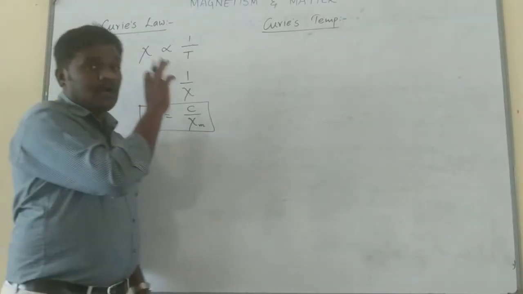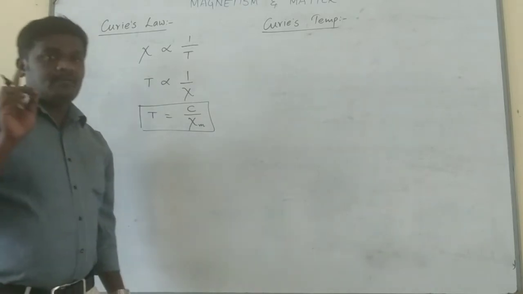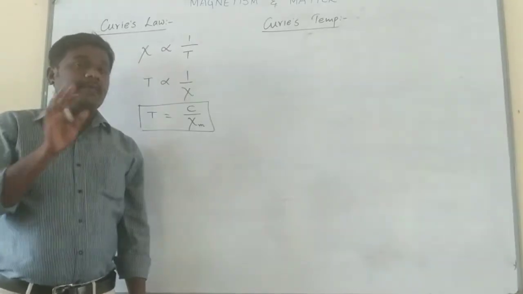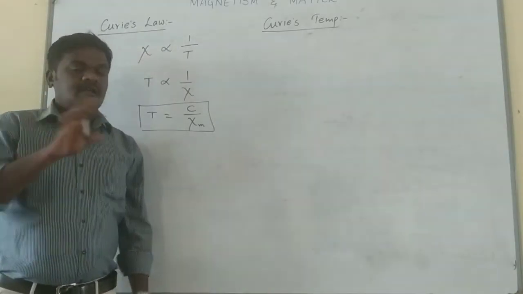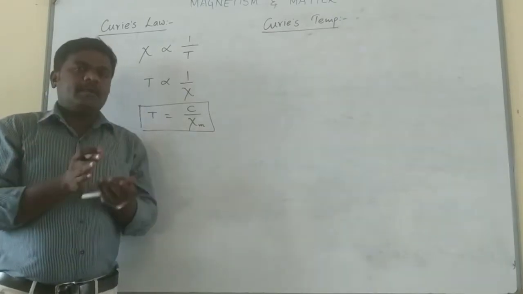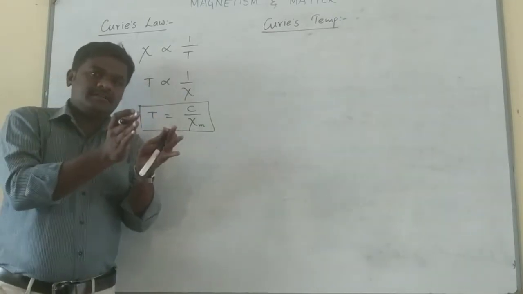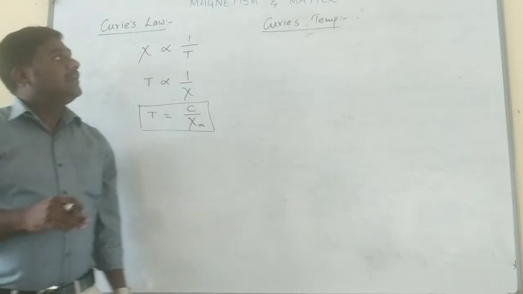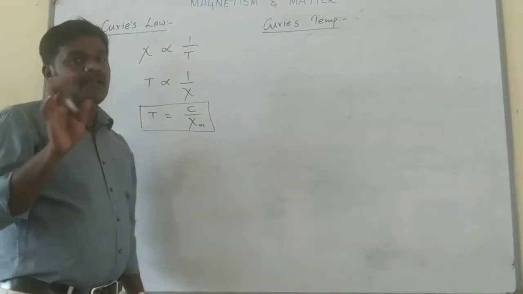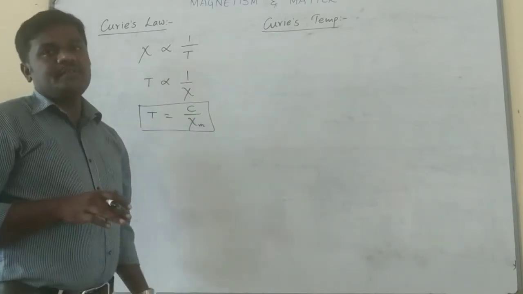Then, at what temperature does a ferromagnetic material convert into a paramagnetic material? The material remains the same, but its properties shift from the ferromagnetic region to para. The temperature at which a ferromagnetic material converts into a paramagnetic material is known as Curie's temperature.